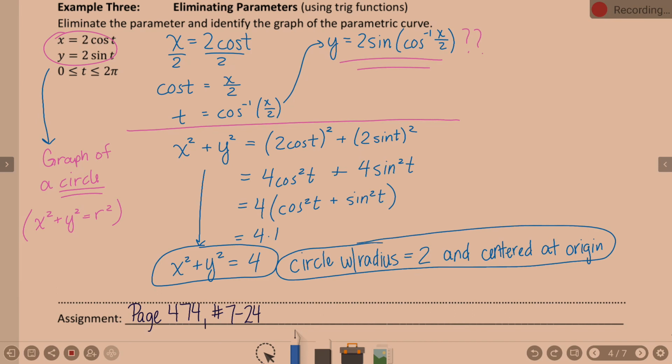Okay, so one of our options is right here where this failed and we said, what the heck are we doing?